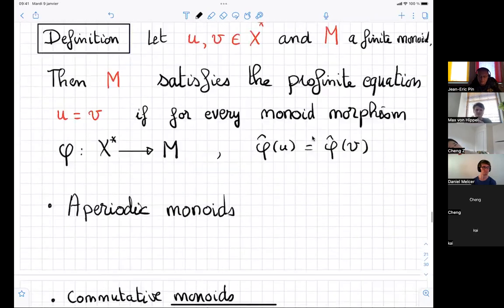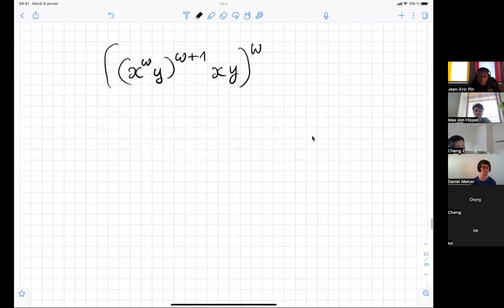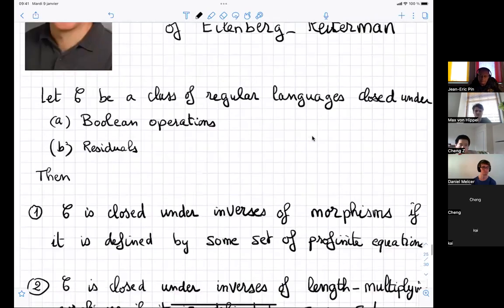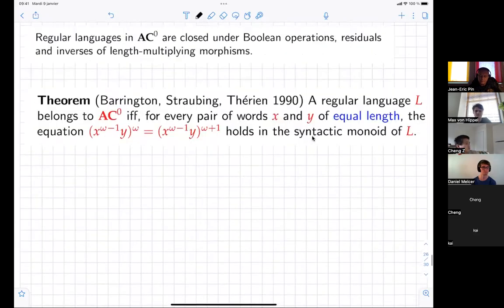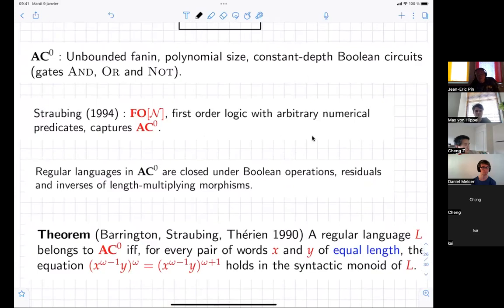Circuits, yes. There are various classes of complexity, especially on circuits.